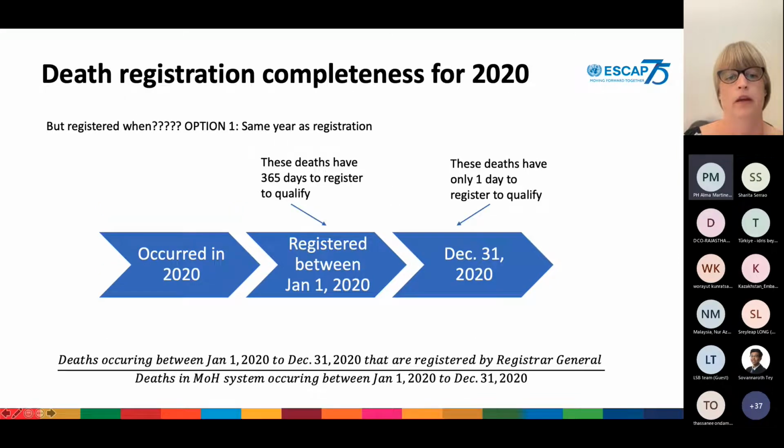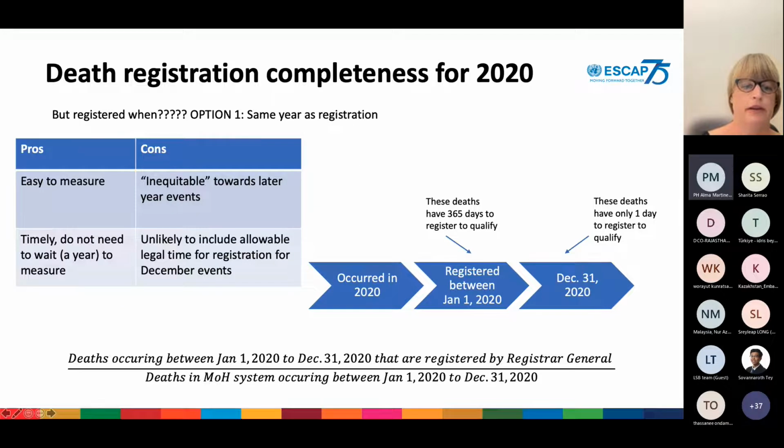But that poses a few challenges, because if you died January 1st, you have essentially 365 days to register in order to qualify for this kind of analysis. But if you died at the end of the year on December 31st, you essentially only have 1 day to register that death. So you're biased towards those deaths in the beginning of the year, and less likely to capture those at the end.